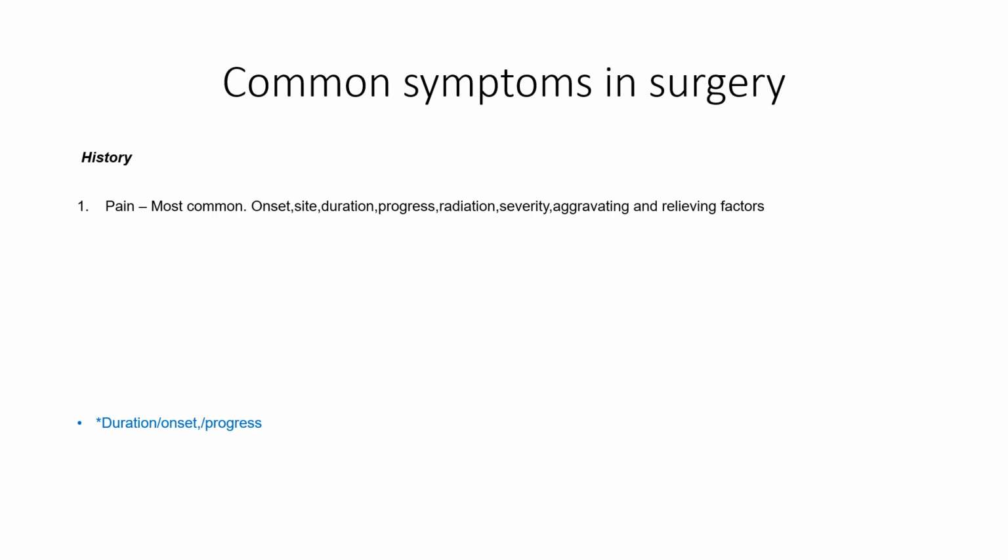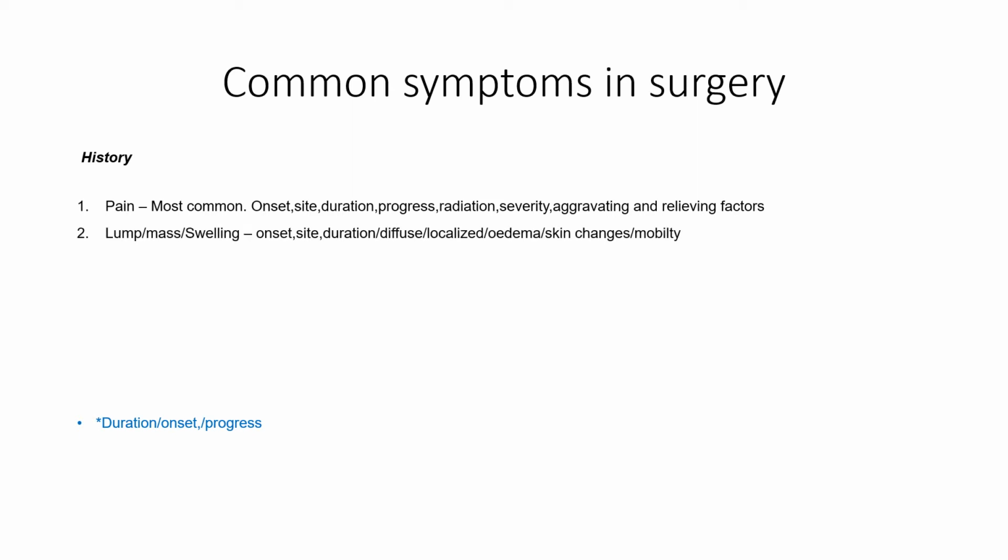The onset of the pain, the site of the pain, the duration of the pain, the progress of the pain, whether it is becoming increasingly worse or becoming better, radiation of the pain from one side to another, the severity of the pain, mild, moderate, or severe, and the aggravating and relieving factors of the pain. These are very important parameters that as students of surgery, you must very carefully get from the patient.